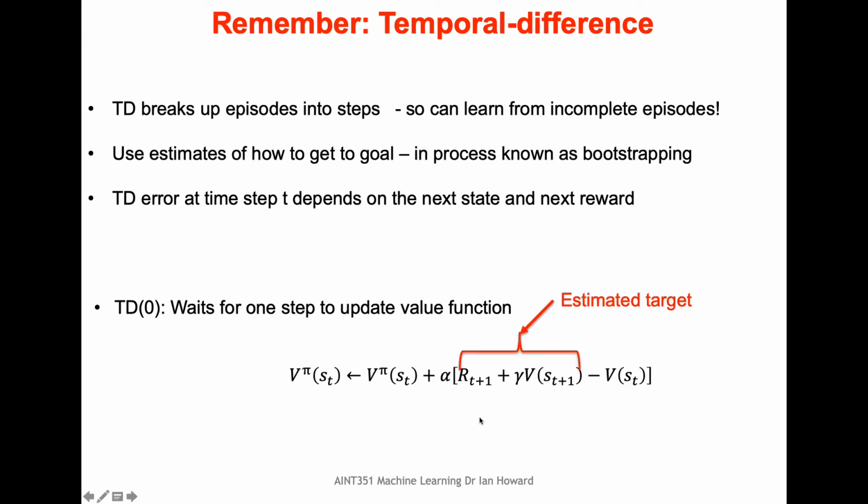And like I said, the way that works is the updated value function is the previous one, plus a term scaled by a learning rate, which involves the estimated new target value, take away the past value, where the estimated value consists of the immediate reward that we definitely know is correct, and also a component which is the predicted component from the next state.